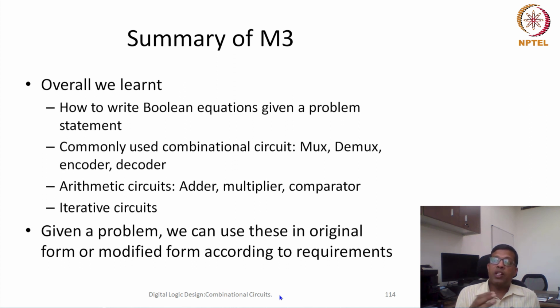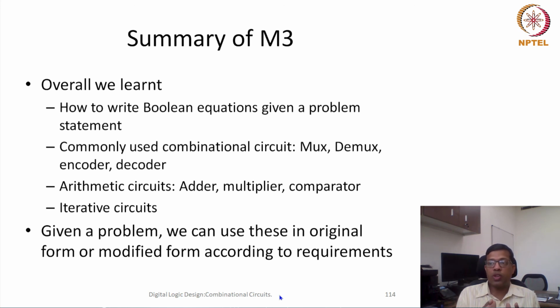So given a requirement, if we have identified that, let's say, a multiplexer needs to be used, but the same multiplexer cannot be used because the number of inputs is not 2 to the power n, then we may modify or redesign that multiplexer, demultiplexer, or we can have a unique kind of adder. The whole module has not only focused on the application-oriented part, that we can use only these cells, but we can also design them.